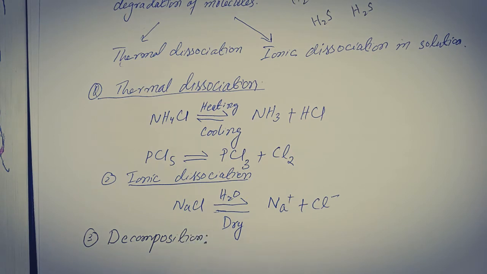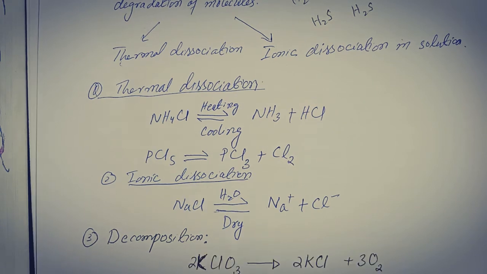In this reaction, the molecules of the substance break up into two or more molecules irreversibly. For example, we have potassium chlorate which is decomposed into potassium chloride and oxygen.